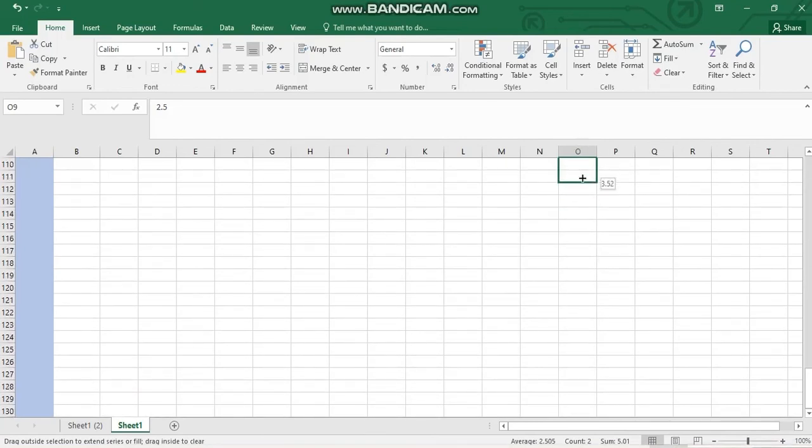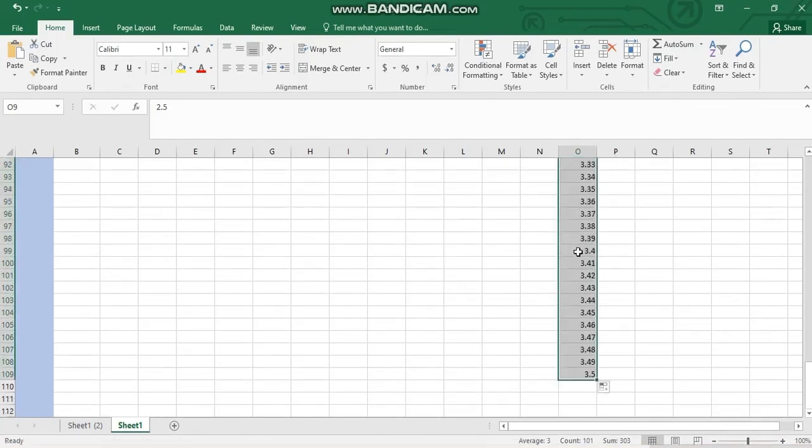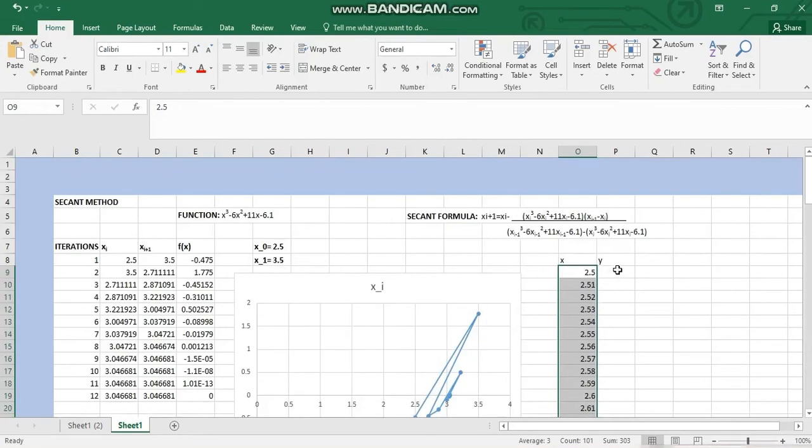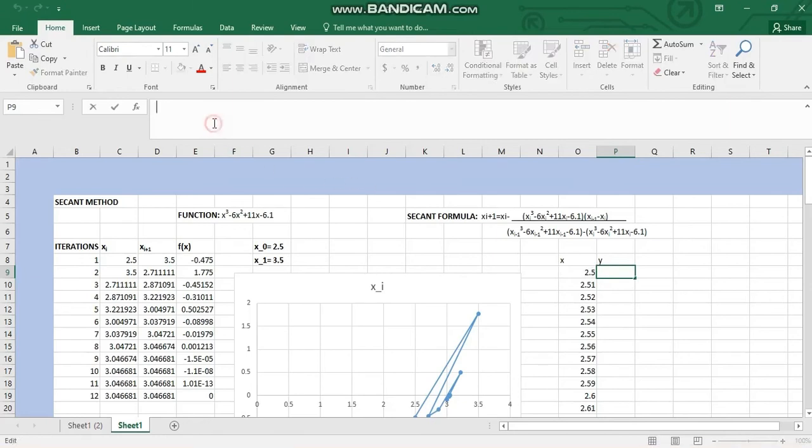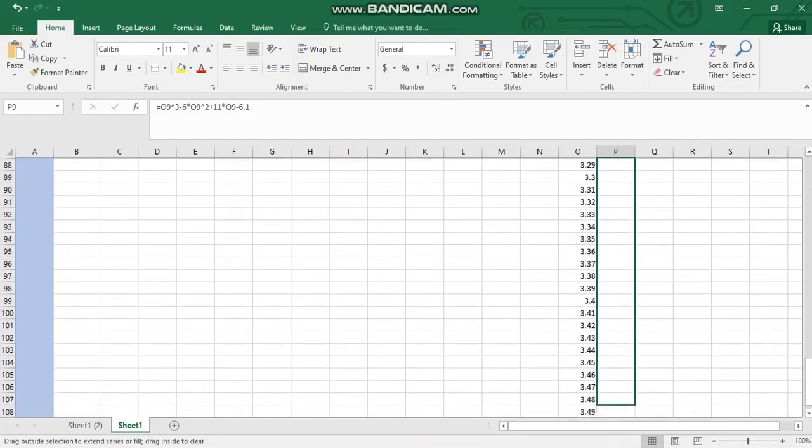Drag it down until 3.5. And getting the y values, we will just substitute the value of x to the given function, which is equal to 2.5 raised to 3 minus 6 times 2.5 raised to 2 plus 11 times 2.5 minus 6.1. And now drag it down.